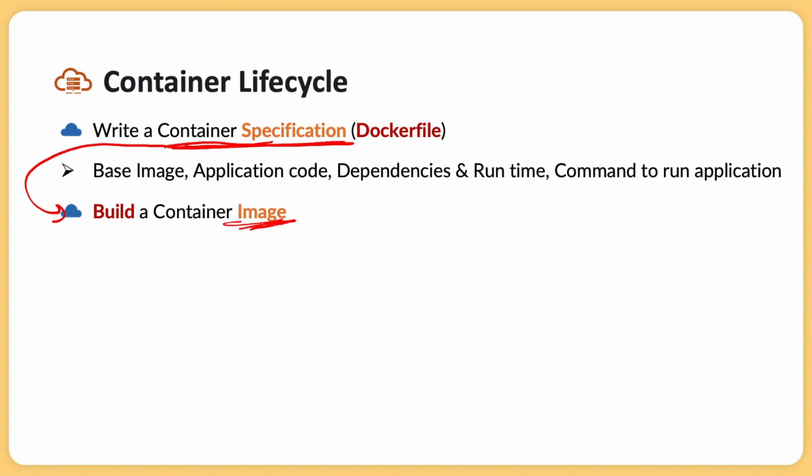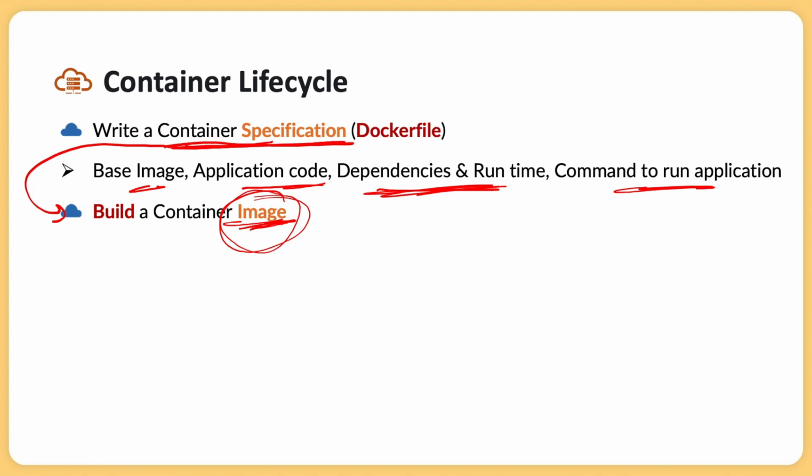And now this container image is self-contained. This container image we build has the base image, the application code, the dependencies and runtime, and also how to run our application. So this is self-contained. Because of this, it is portable. This image we can take anywhere and run the container.